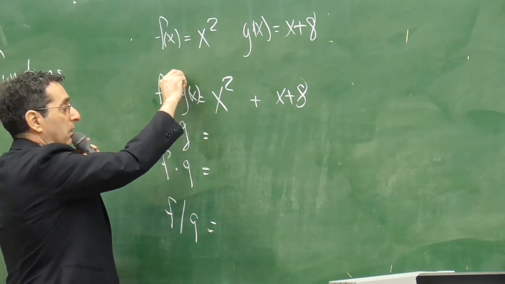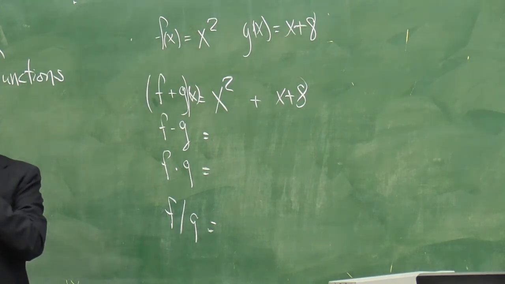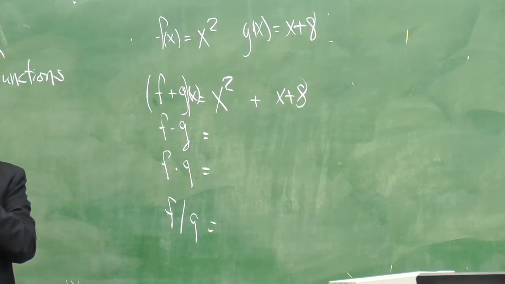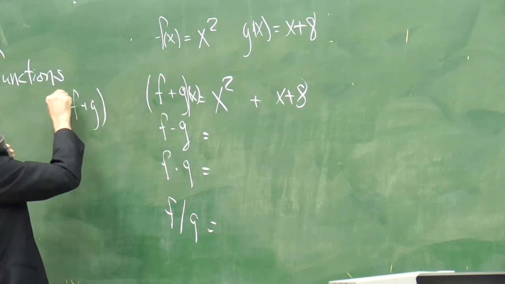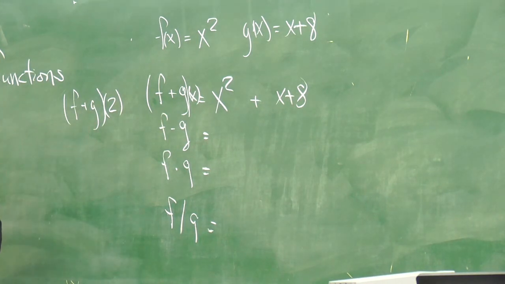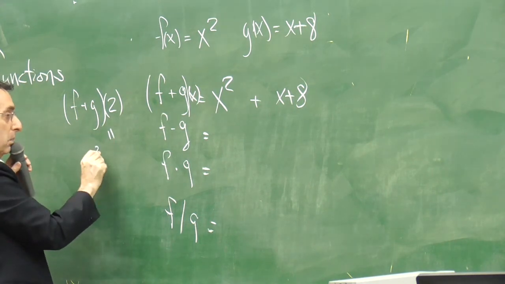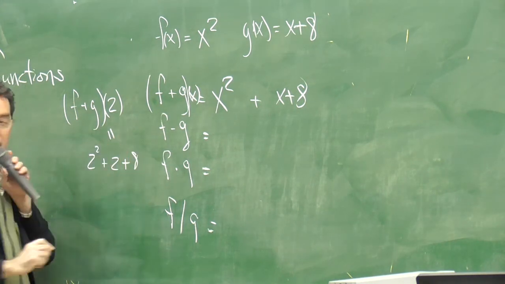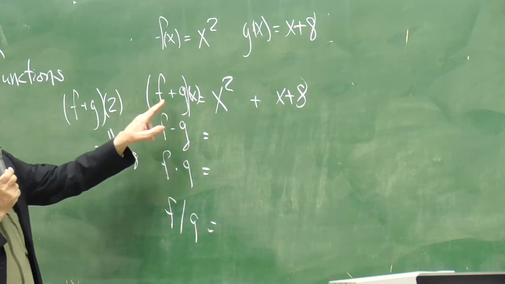So sometimes they do that, just to indicate that that's the name of the function, and then you put x into it. So if I wanted to know what's f plus g of 2, that doesn't mean times 2, it means of 2. So it's 2 squared plus 2 plus 8, right? Everyone understand that? So that's 14. That's what f plus g means.